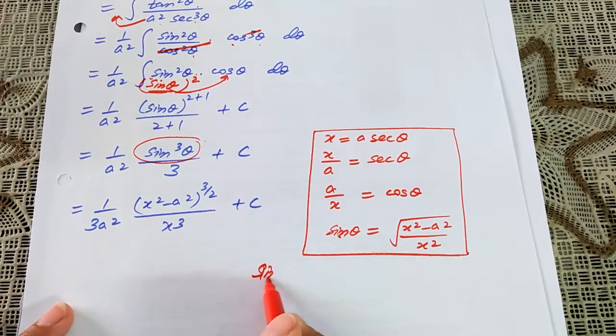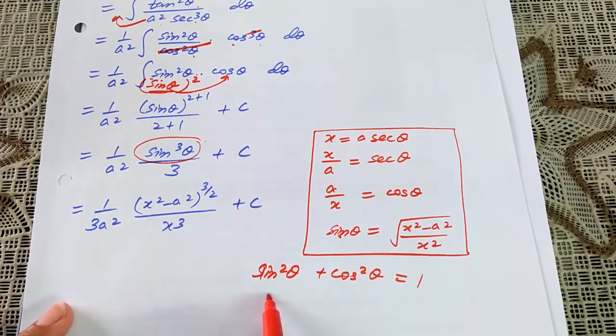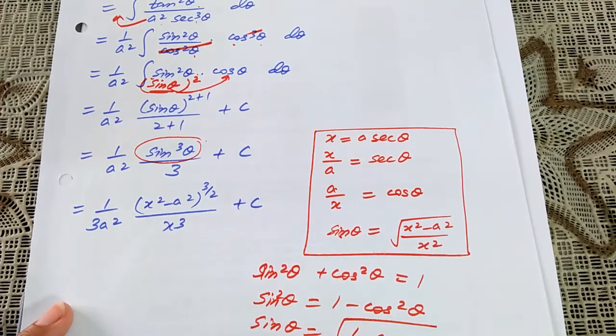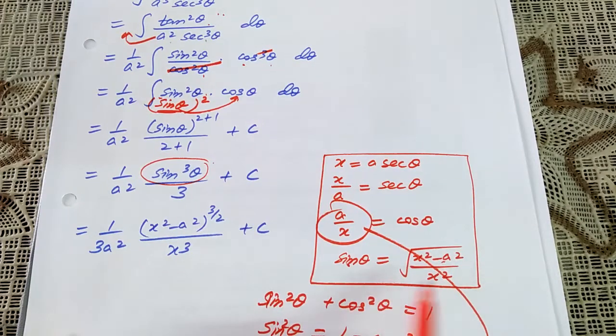Because I know that sine square of theta plus cos square of theta is equal to 1. I need the value of sine theta. So sine square of theta is equal to 1 minus cos square of theta. So sine of theta is equal to under root 1 minus cos square of theta. Just replace the value of cos theta here and simplify it. You will get the value x square minus a square over x.